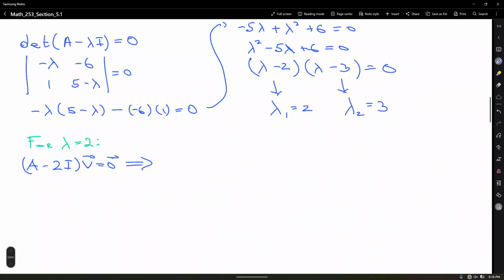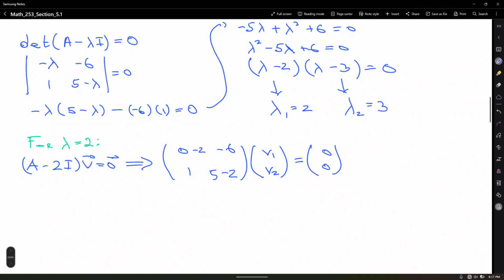The elements along the main diagonal are now 0 minus 2, and 5 minus lambda, which is 5 minus 2. The other two elements, 1 and negative 6, remain the same. I'm going to multiply by the vector, let me call this v1 and v2, which is the eigenvector we were looking for. And let's set this equal to the 0 vector.